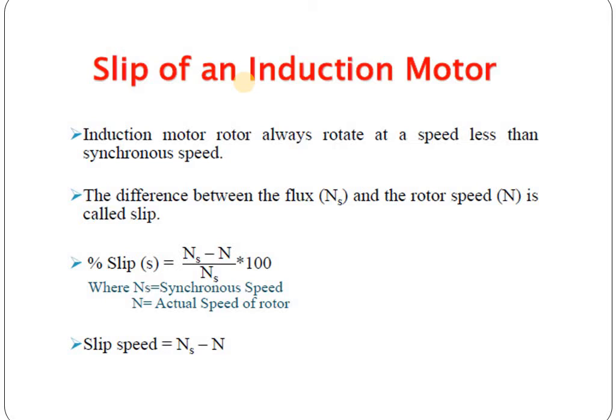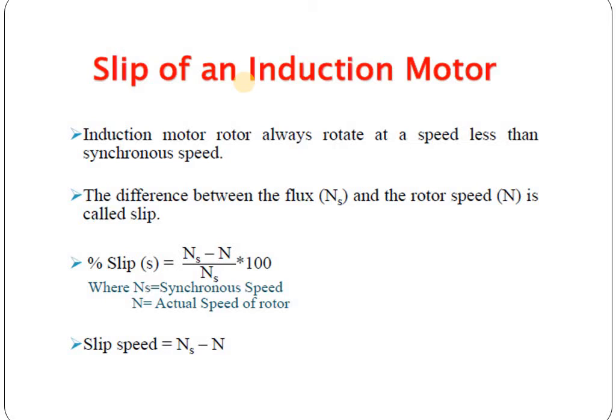Now, slip. Induction motor rotors always rotate at a speed less than synchronous speed. Basically, the magnetic field speed is known as synchronous speed, and the motor speed is always less than that. So induction motor rotor speed is always less than synchronous speed.